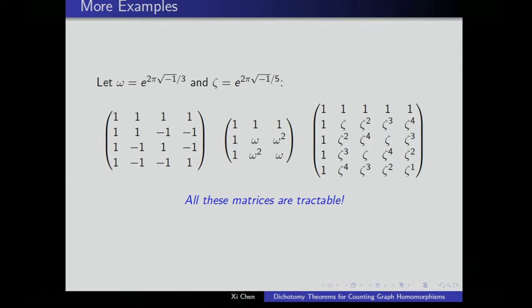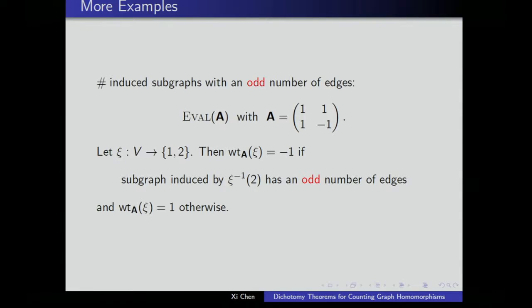So here ω is the third root of unity, ζ is the fifth root of unity, and these two are the so-called Fourier matrices, 3 by 3 and 5 by 5 Fourier matrices, which I'll define in a few slides. But the point is that all these three matrices, together with this 2 by 2 matrix, all correspond to tractable cases.